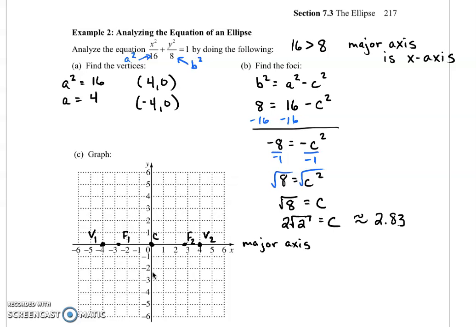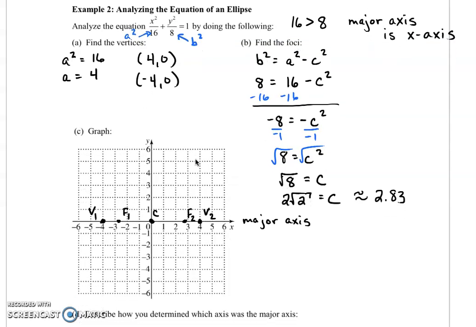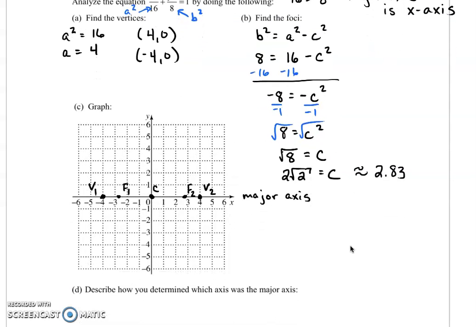We can also find our 2 points on the minor axis because we know that B tells us where those points are. So we know that B squared is 8, which means B is the square root of 8, which happens to be the same thing as C this time.